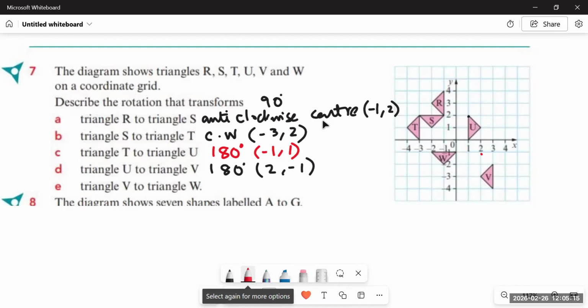This is the rotation 0 comma minus 4. See. Okay. So it is 90-degree anti-clockwise, with the center 0 comma minus 4.